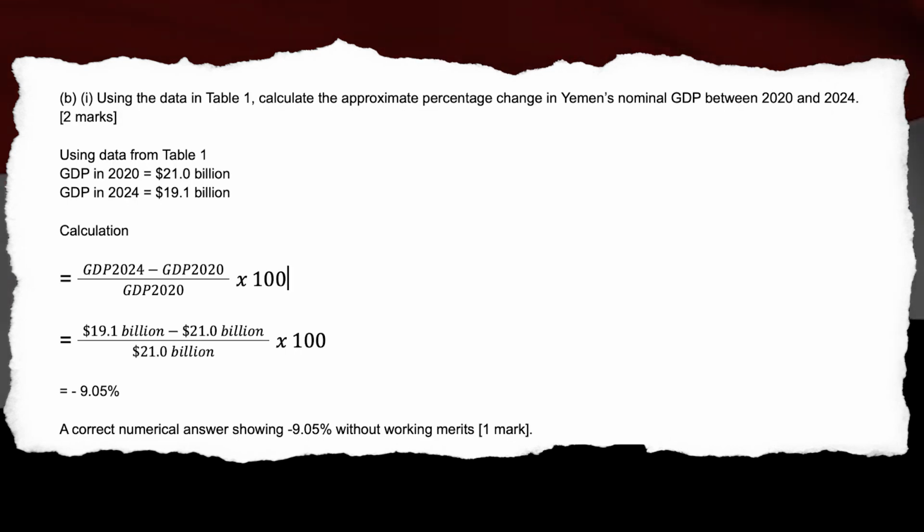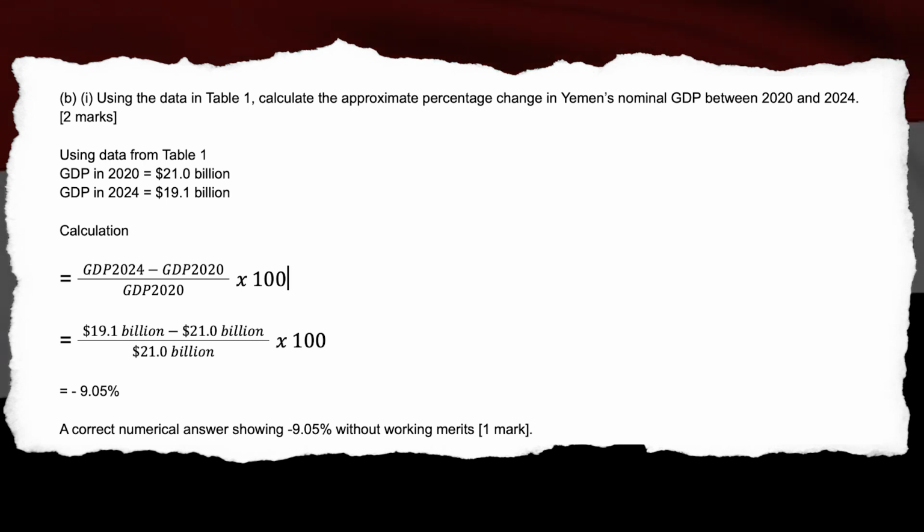B1. Using the data in Table 1, calculate the approximate percentage change in Yemen's nominal GDP between 2020 and 2024. 2 marks. Using data from Table 1, GDP in 2020 equals $21.0 billion. GDP in 2024 equals $19.1 billion.